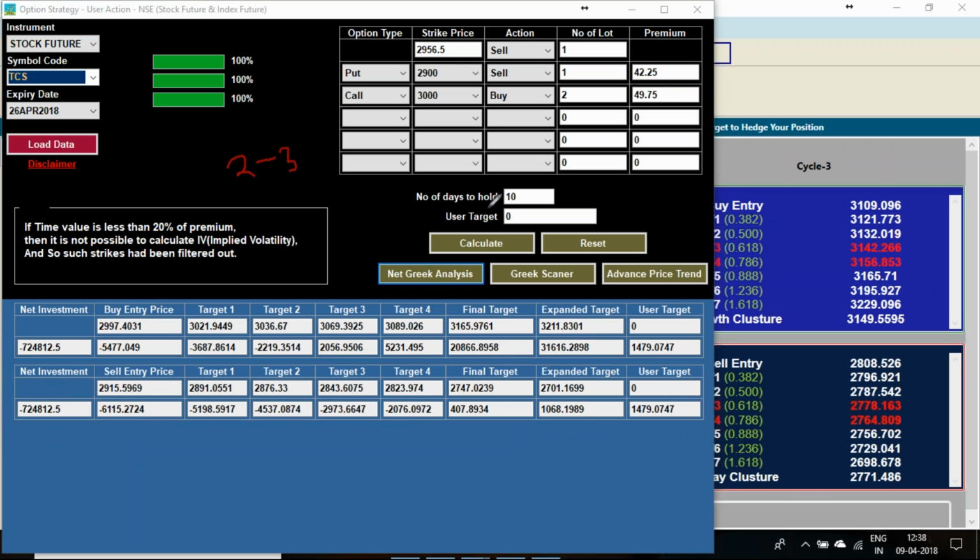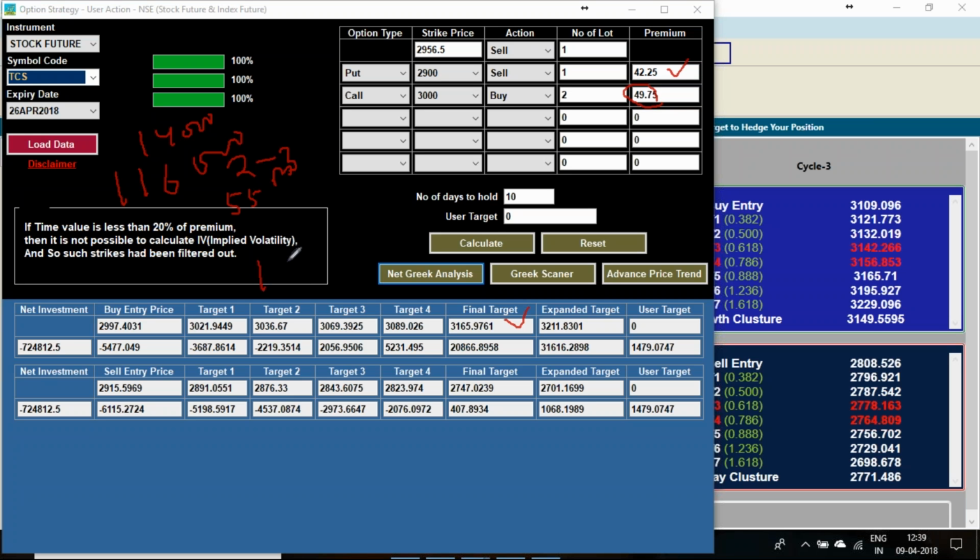So fund is required. You are buying 2 lots and selling 1 lot. By this process, you require some 12 to 14,000 rupees of fund. To initiate this entire strategy, you require 1,16,000 rupees margin. And if you want to hold it till the final target 3166, for your profit point till that point you require near to 55,000 of M2M. So total you can just add it.